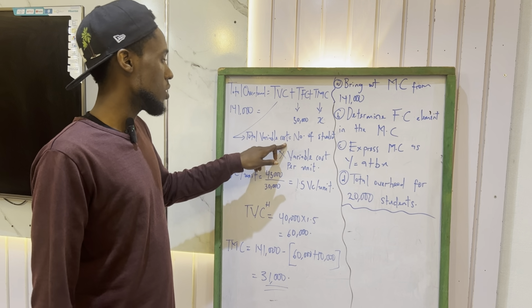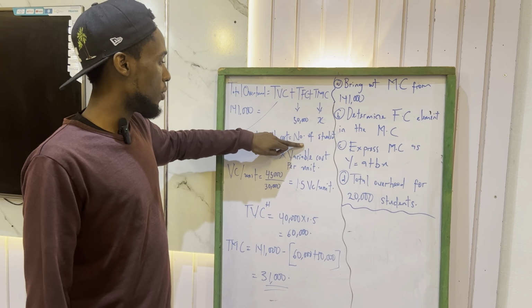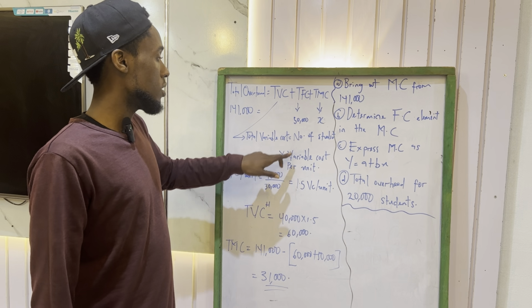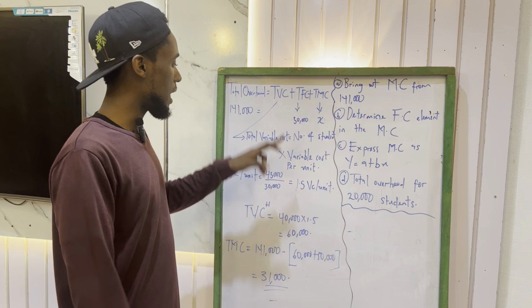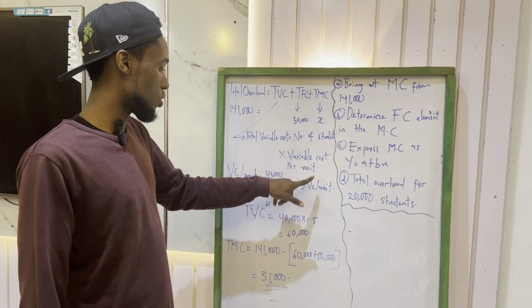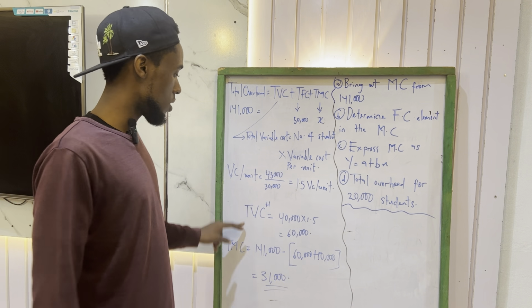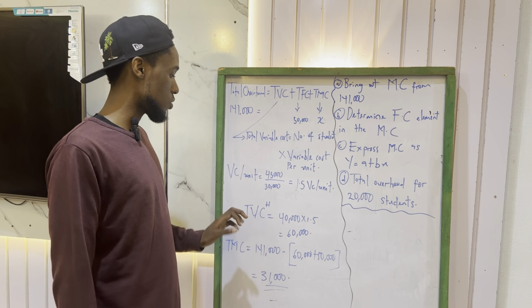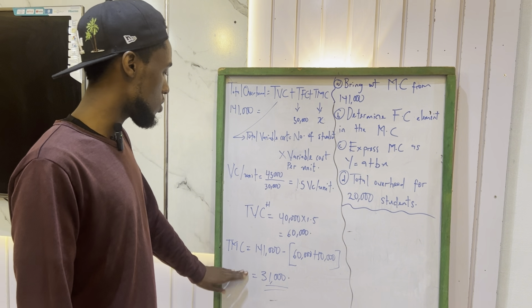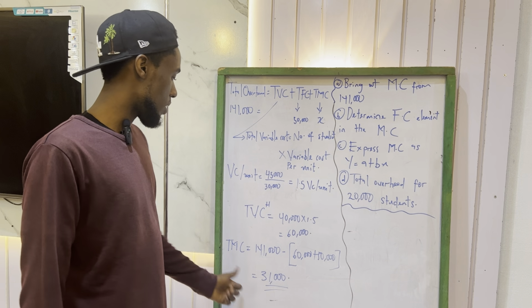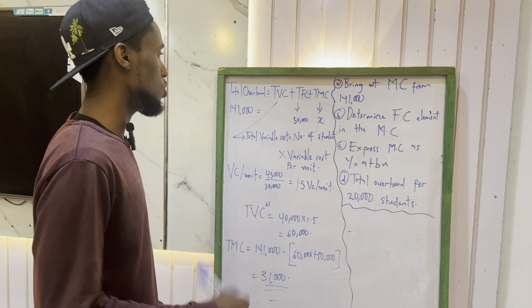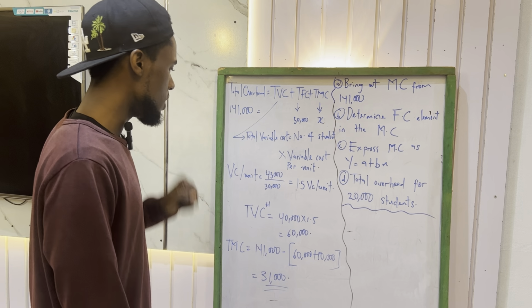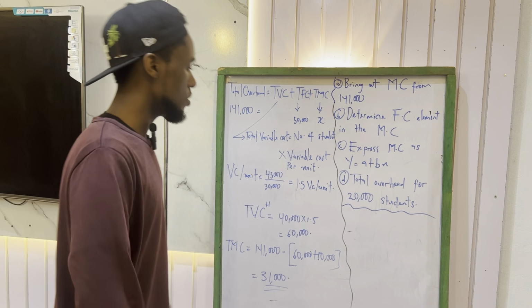Total variable cost equals number of students, 40,000, times 1.5 variable cost per unit, which was what we did here. The H represents the high side, so you do not mistake this for this. Then we slot it back in, and we got our TMC using the usual substitution.